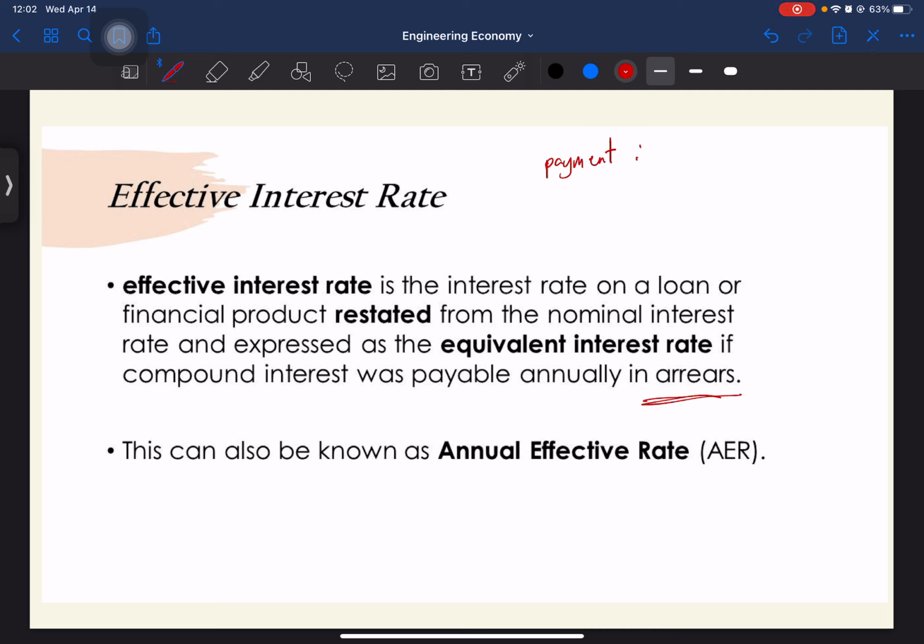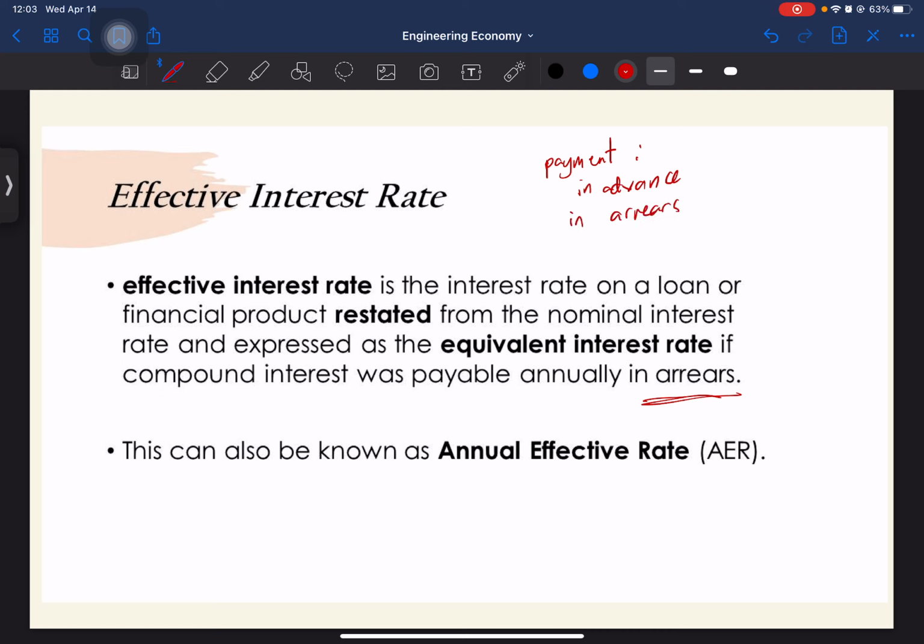Define mo natin itong arrears kasi parang bago siya. Although this is not that relevant dito sa definition, I think you can get the definition without that additional word. Pero let's define. Okay? You can either pay in advance or in arrears.